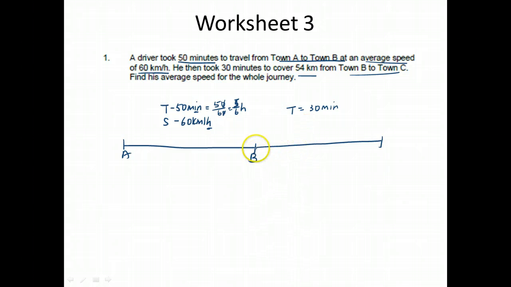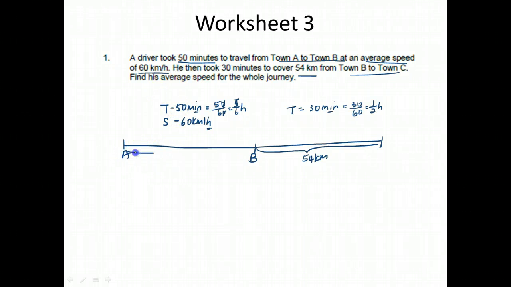Now we have the distance. So this distance is 54 kilometers. Okay, so again, the unit, we have to change the minute to hour, which is 30 out of 60, which is half an hour. So we want to find the average speed for the whole journey.